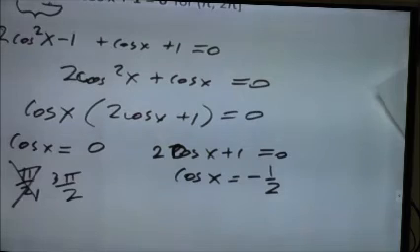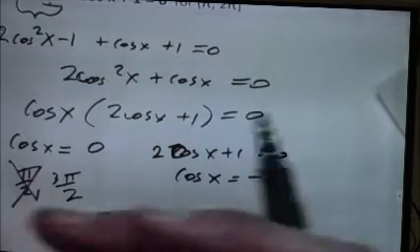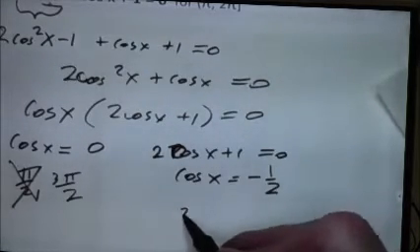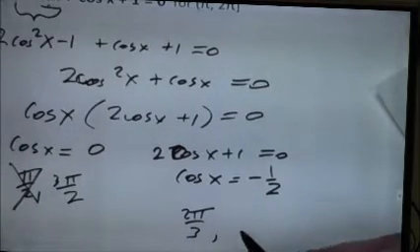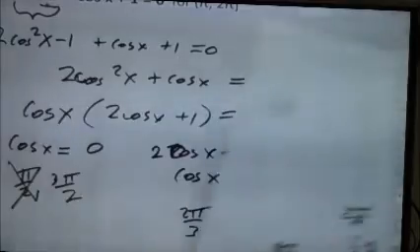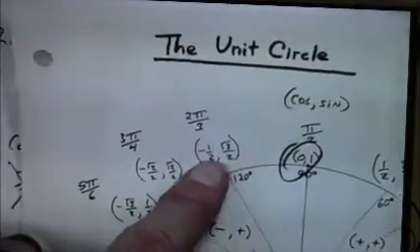For the other one now, it's negative 1/2. Where is it negative 1/2? It looks like that's at 2 places, second and third quadrant: 2 pi over 3 and 4 pi over 3. So I'm literally just looking here, finding places where cosine is negative 1/2.